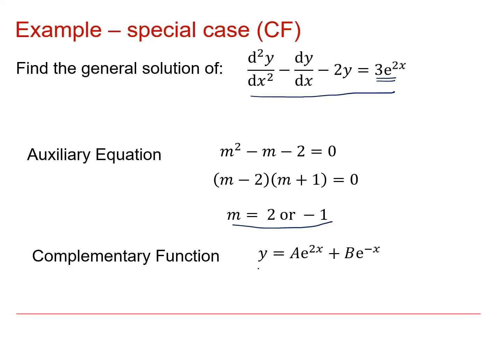And that gives me a complementary function of this form. Now here's my problem: that 3e^(2x) is already accounted for in here, and therefore any type of e^(2x) function that I add in here is really only like changing this arbitrary constant.